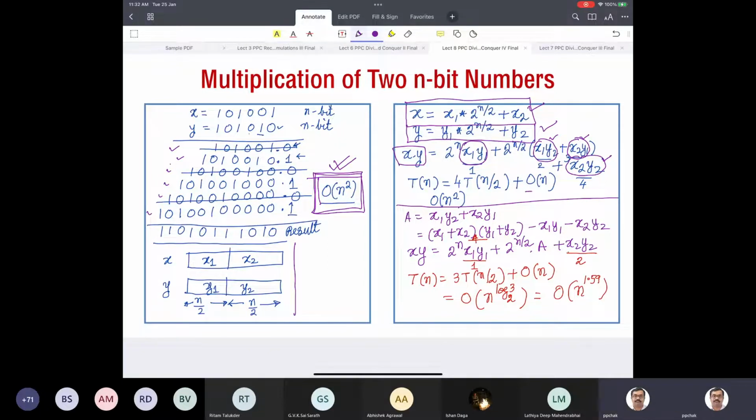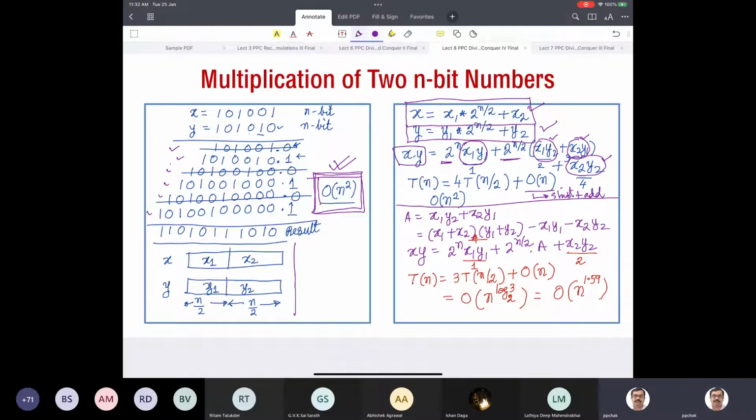And the addition, obviously each addition is order n time. Each addition of numbers of size n by 2 yields a number of size n, and these shifts are also, one shift is only 1 unit of time. So these shifts and adds are order n time.